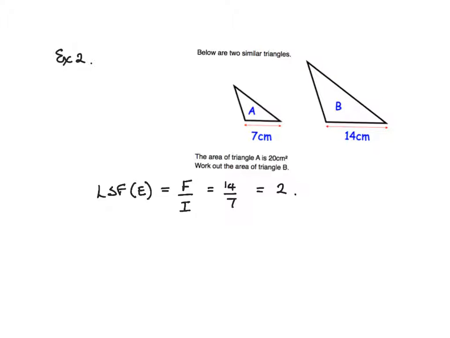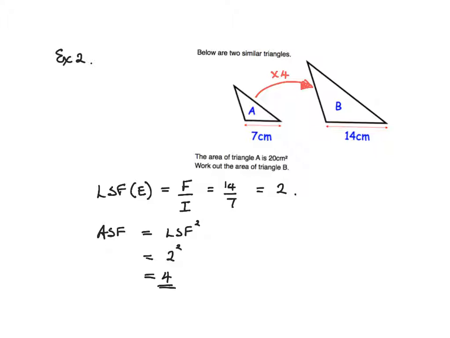Now, the area scale factor is the length scale factor squared. 2 squared is 4. What does that mean? It means that I multiply the area of the smaller triangle by 4 in order to get the area of the larger triangle.